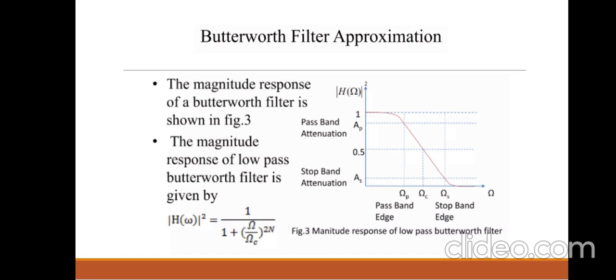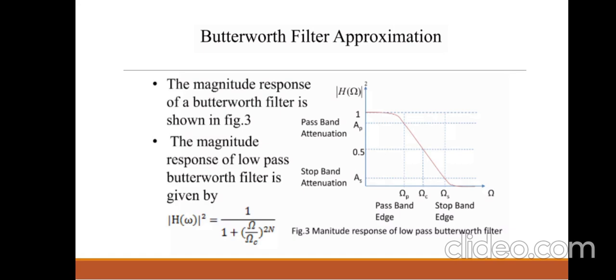First of all, on the frequency axis, that is Ω, we have the passband edge frequency Ωp, the stop band edge frequency Ωs, and the cutoff frequency Ωc. The cutoff frequency will be in between Ωp and Ωs. Now we have the stop band attenuation, denoted by As, and the passband attenuation, denoted by Ap.